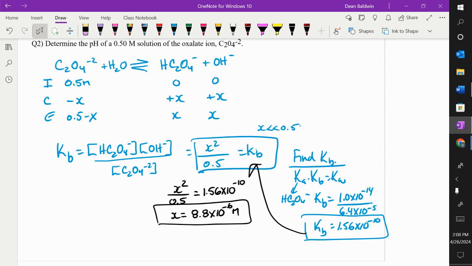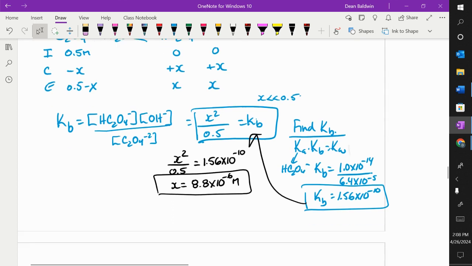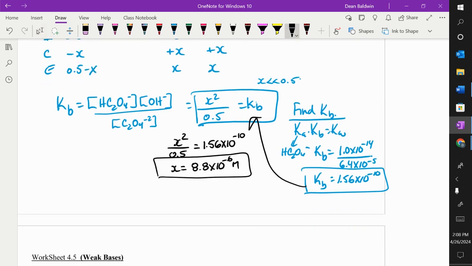Yes, that'll give us the pOH, which then will allow us to calculate the pH. Okay? So X is equal to the concentration of OH minus.